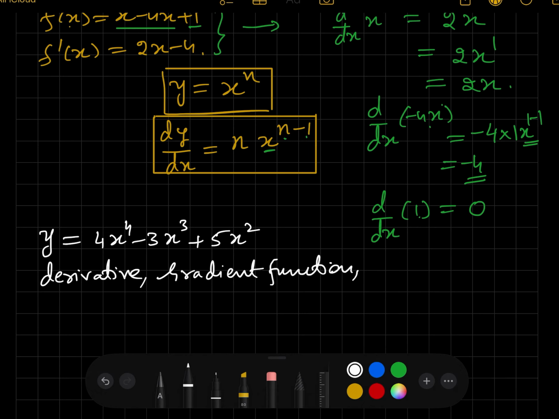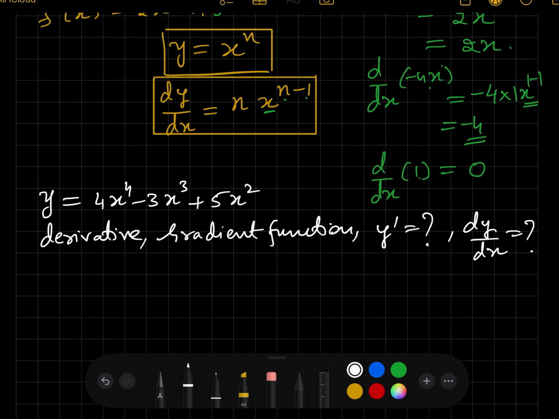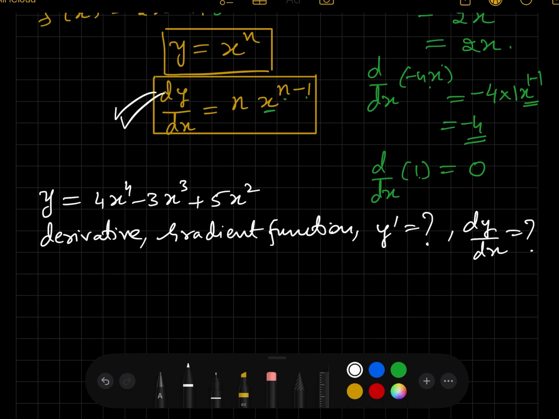The question can ask to find the derivative, or the gradient function, or write y dash, or write the dy by dx of this. So what we have to do is use this formula, right?